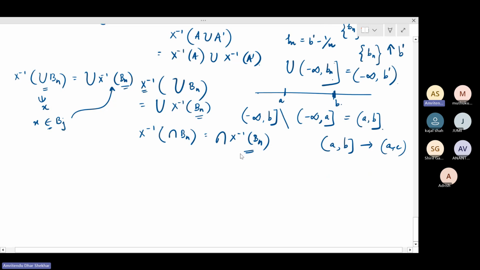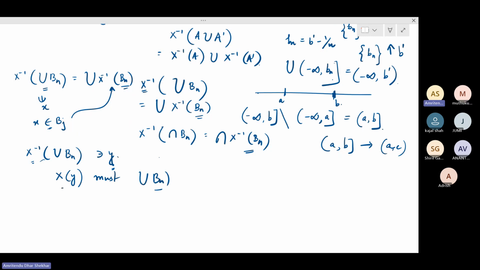Okay. Let us break it down. So if we have X inverse of union of Bn, let's say you take some element over here, y. If you have some element y over here, then if you map y, so if you do X of y, then X of y must belong to union of Bn's.